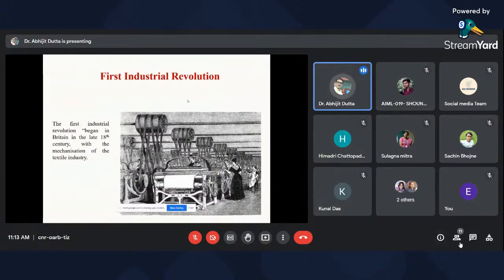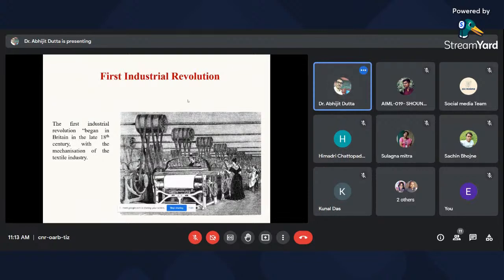So first, going back to the first industrial revolution, with the introduction of the steam engine by James Watt in the late 18th century, the textile industries were initially mechanized with the help of steam engine operation. And that was the first industrial revolution.